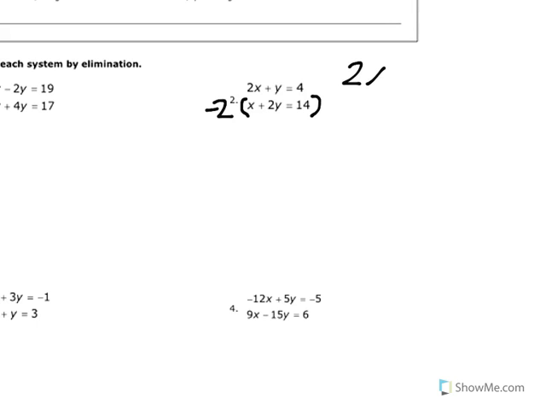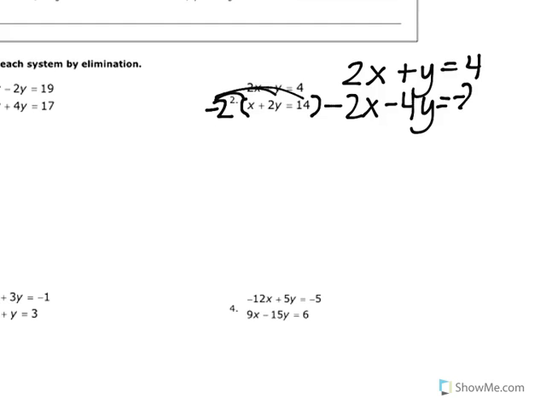So the top one stays as it is, 2x plus y equals 4. And now when I multiply the bottom one by negative 2, we get negative 2x minus 4y equals negative 28. So these have eliminated, and now I have plus 1y minus 4y.